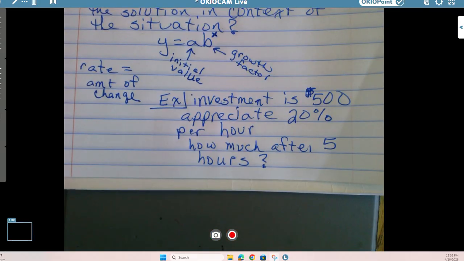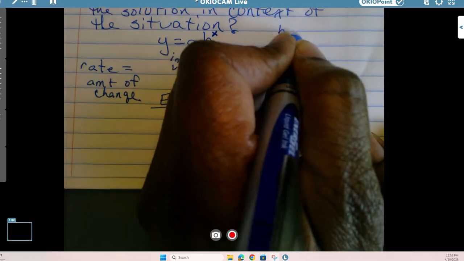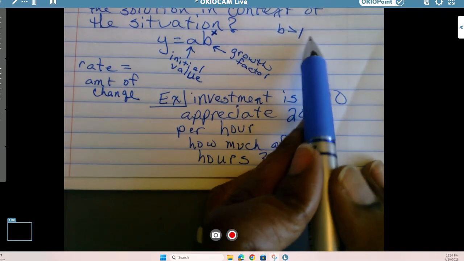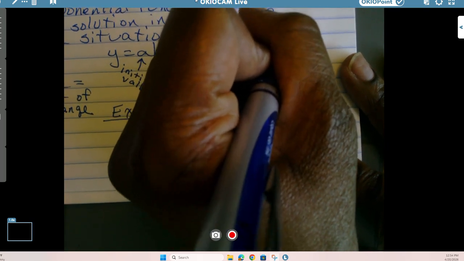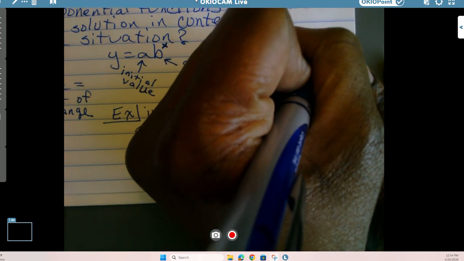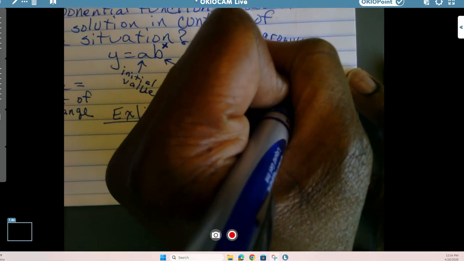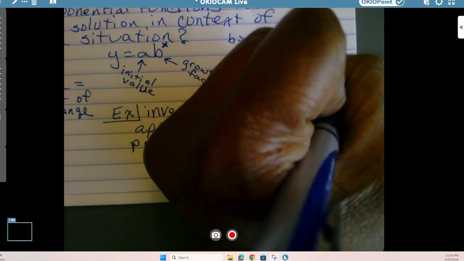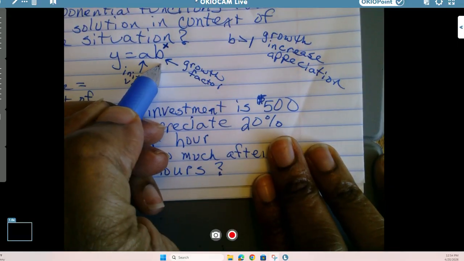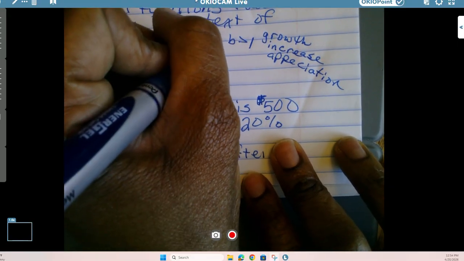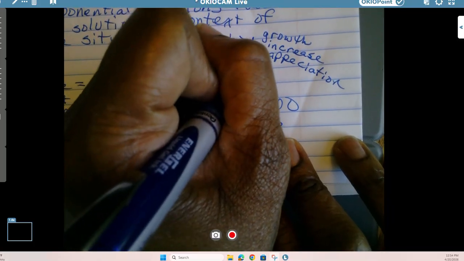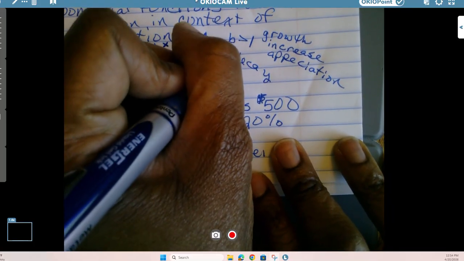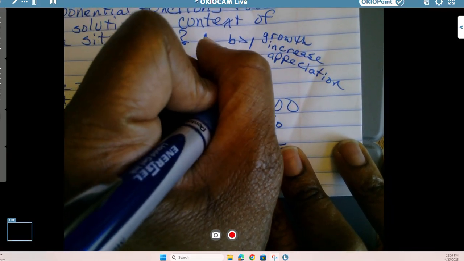Don't forget, if the growth factor is greater than 1, then that is growth, an increase, and appreciation. If this B is less than 1, then that is decay, which is a decrease and depreciation.